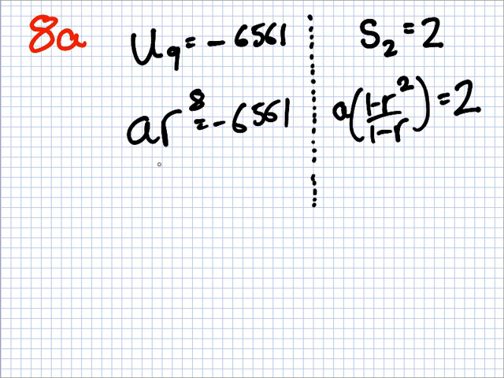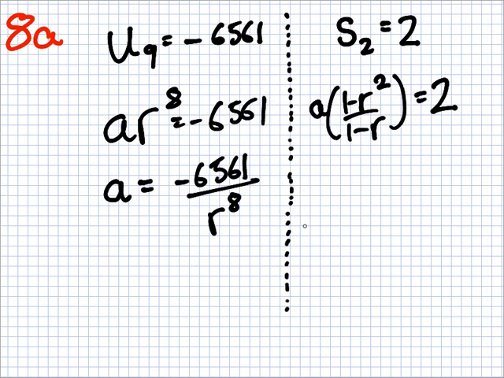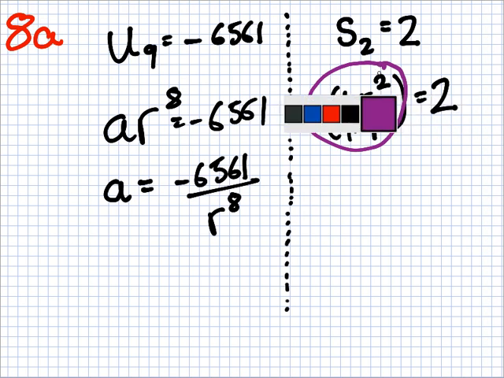Now, what I'll do here is rewrite this as A equals minus 6561 over r power 8. And this one here, I really have to simplify, which I'll do on the side.